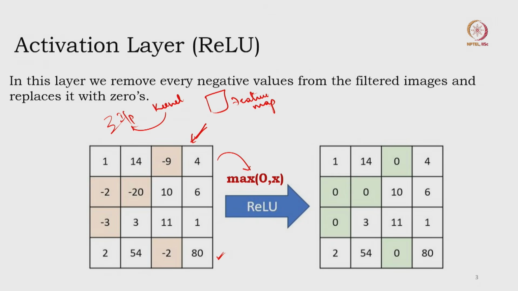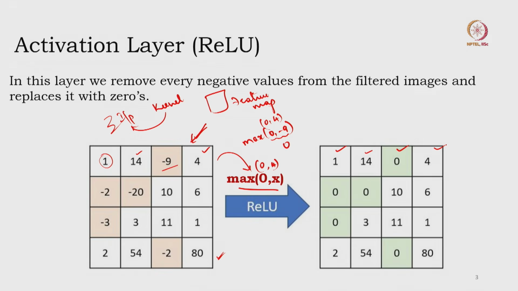When this is passed to the ReLU activation function, what does ReLU do? It takes the first value and computes max of 0, 1. The maximum is 1, so 1 is retained. Then max of 0, 14 is 14. Then it takes the next number, minus 9. Max of 0, minus 9 is 0. Then max of 0, 4 is 4.